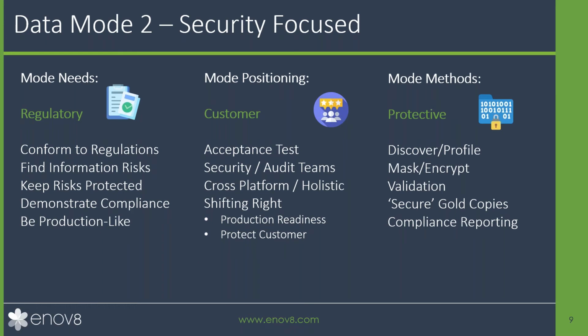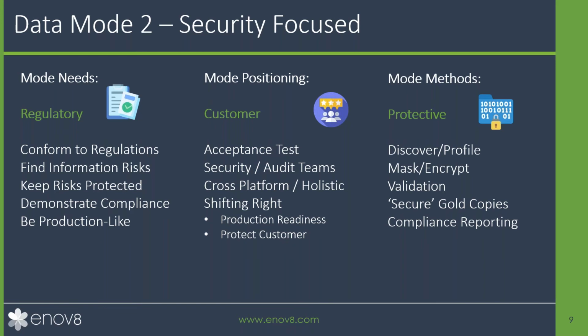Okay, so now moving on to the other side of the spectrum, data mode 2. In this mode, I require my data to focus on regulatory/security policy. That is, I need to conform to the relevant regulations, for example, privacy regulations like GDPR, HIPAA, PCI, etc. I need to understand and identify where my risks reside.